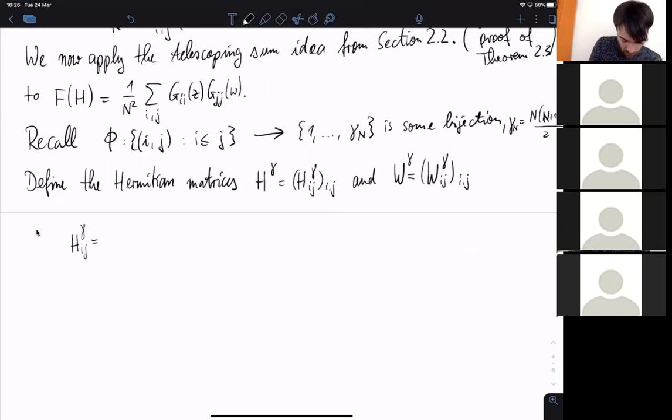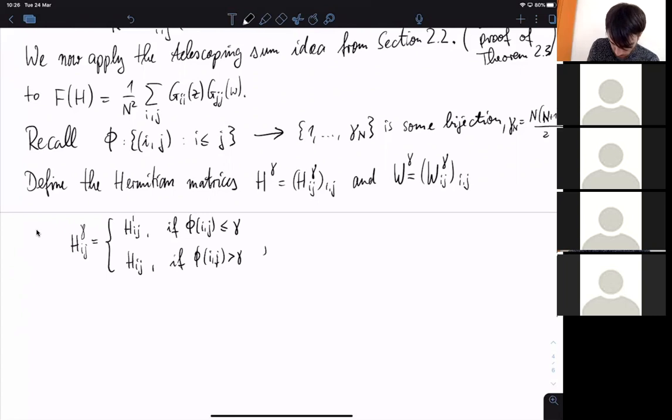They look as follows. H_ij gamma is H'_ij if phi of ij is smaller than gamma, and H_ij if it is bigger.